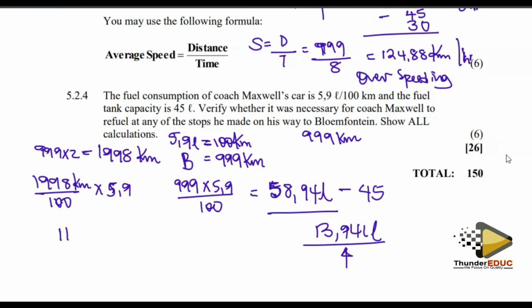So he will need 118 liters of fuel. Indeed, he has to refill. Even if it was a single trip, just going, or a return trip, it's the same story. He has to refill. One full tank is not enough for the whole journey. Thank you very much.